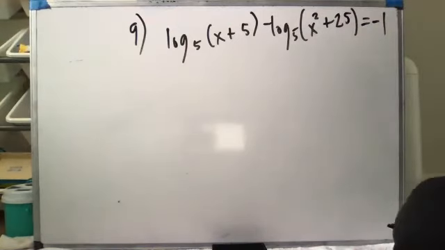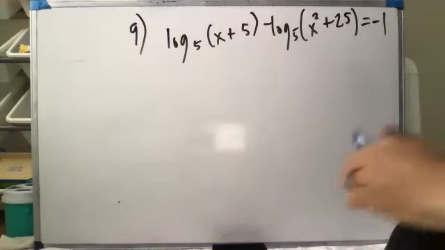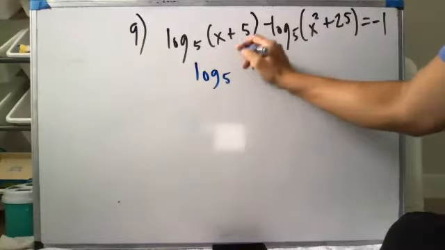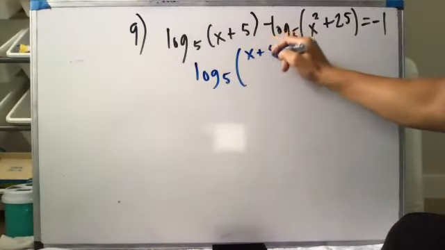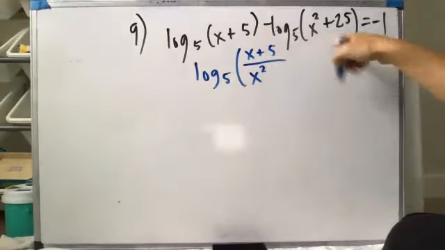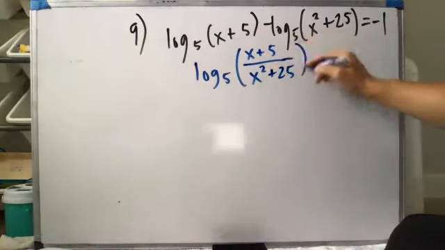Okay, so just like before, same first step, I want to combine to a single log. I got a minus in between this time, which means it's going to look like log base 5 of the top one divided by the bottom one, the one that's subtracted, equals negative 1.